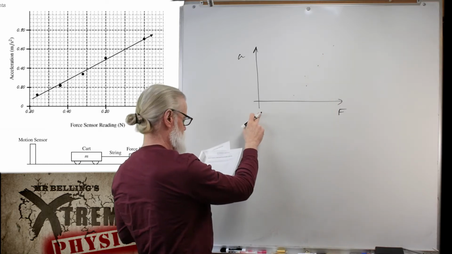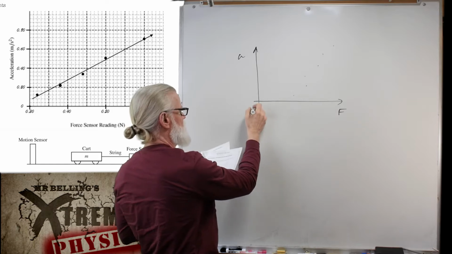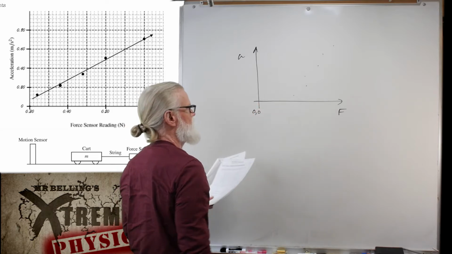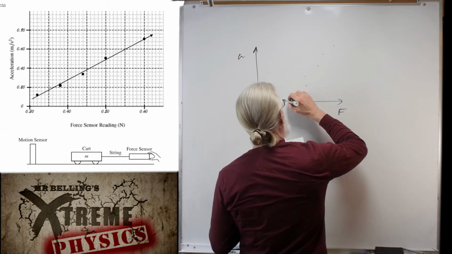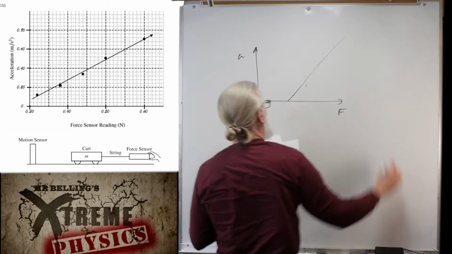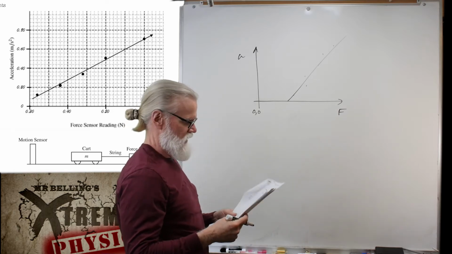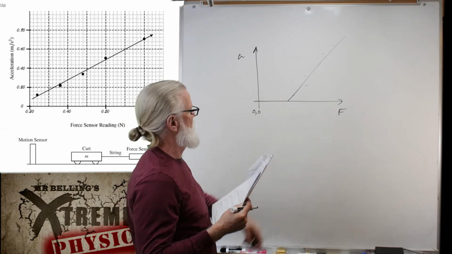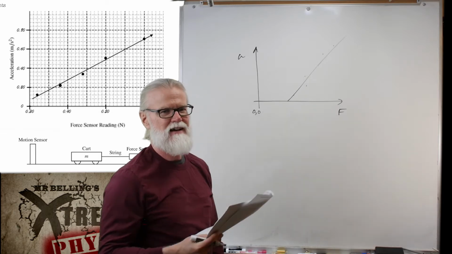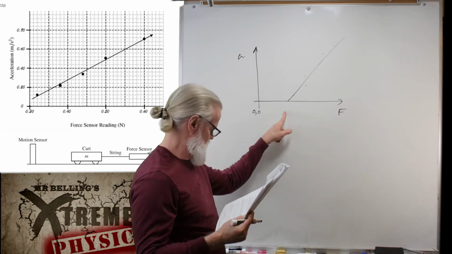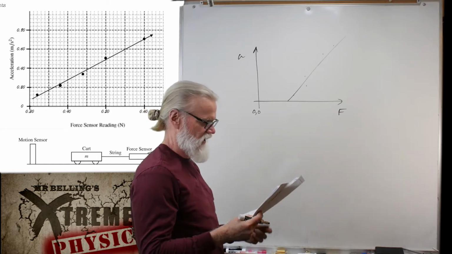If this was zero force, if this was 0, 0, right? If you plotted it like that, you would have drawn your line of best fit, something like that, and you would have had a force intercept, and the graph would have intercepted the F-axis.